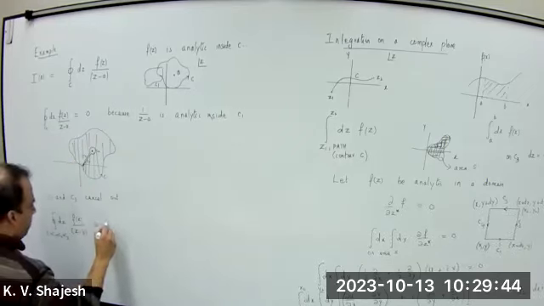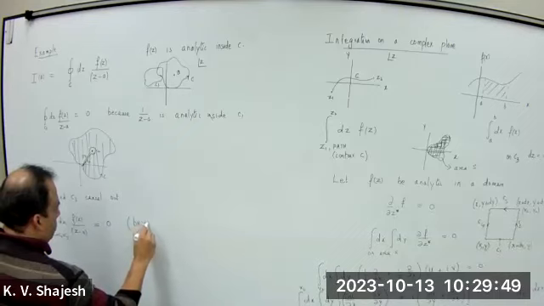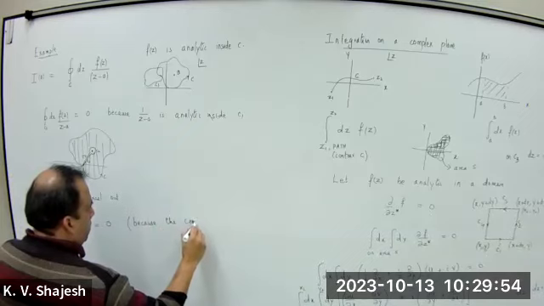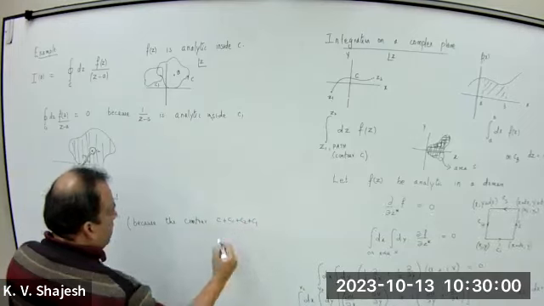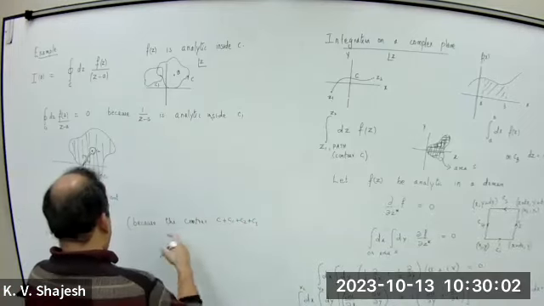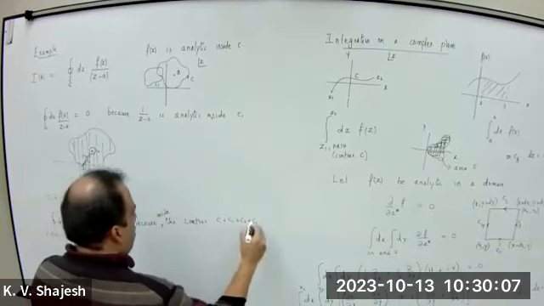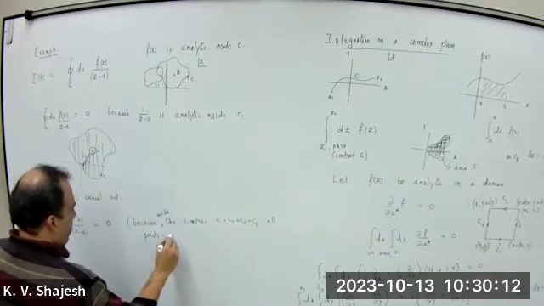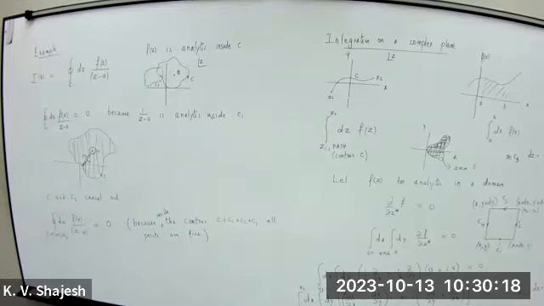So this is equal to 0, because the contour C plus C1 plus C2 plus C3 goes inside the contour. All points are fine, by which I mean it is analytic everywhere, and my Cauchy theorem works.